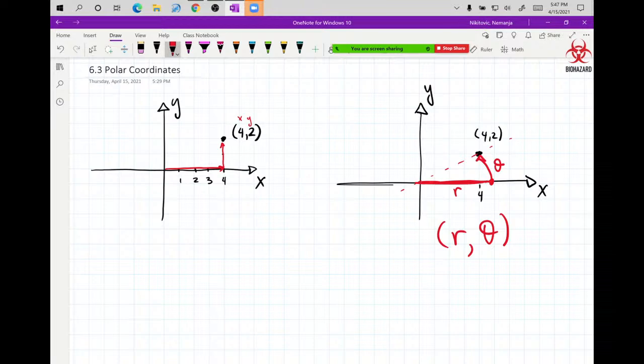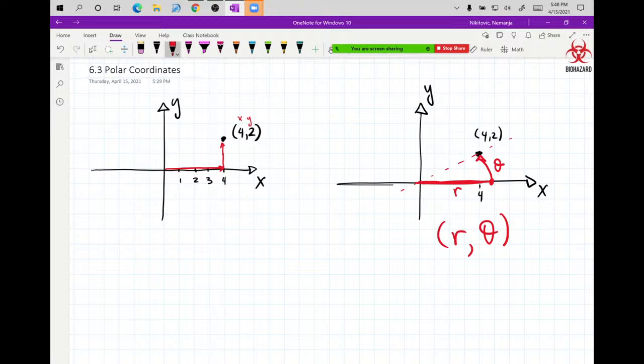Because you're used to moving in straight lines and then just going up or down. Now you still go in a straight line on the x-axis to get this r, but then you swing across, which gives you this kind of arc movement, the arc length, and you end up at the same place.